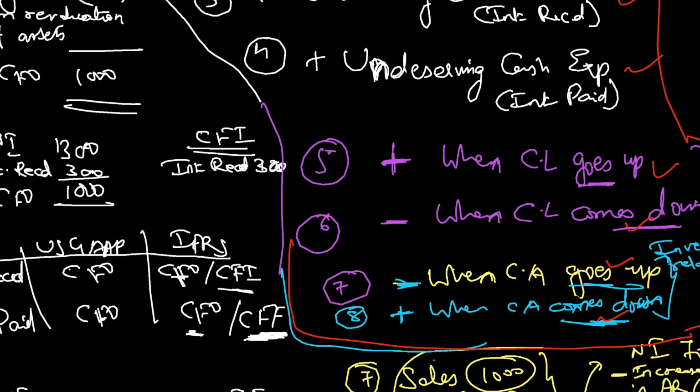So these are the 8 rules to calculate CFO. When you do all these adjustments, finally what you will get is the total cash flow from operations. Okay. So this is the indirect method to calculate cash flow from operations. Thank you.